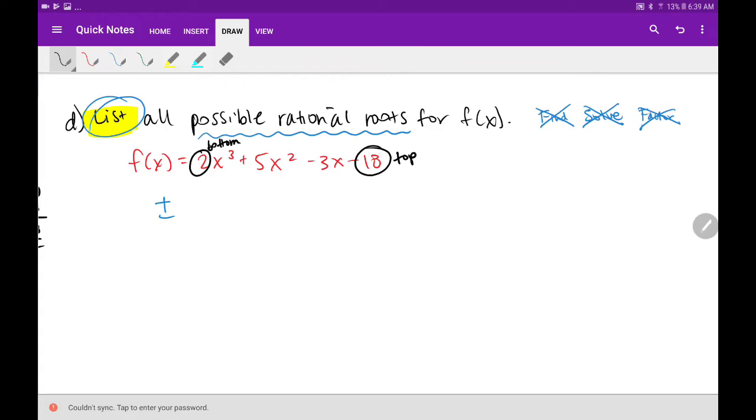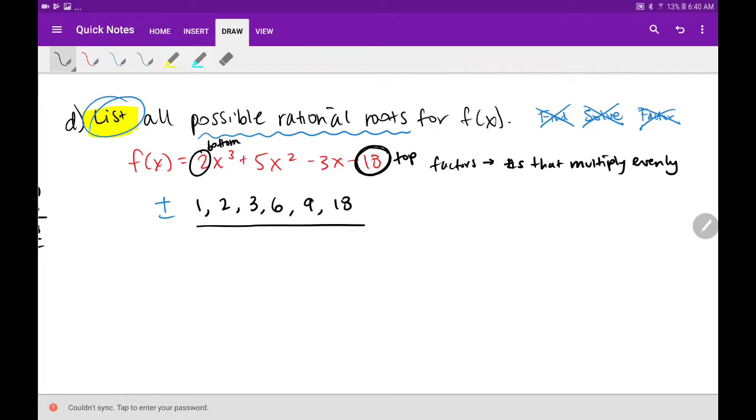So when I say the factors of 18, I'm talking about the numbers that multiply evenly into 18. So numbers that multiply evenly into 18 are 1, 2, 3. 3 times 6 gives me 18. 2 and 9 give me 18, and then 1 and 18.